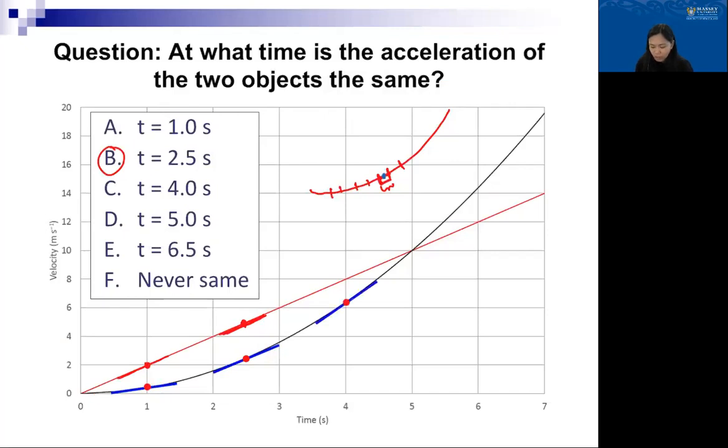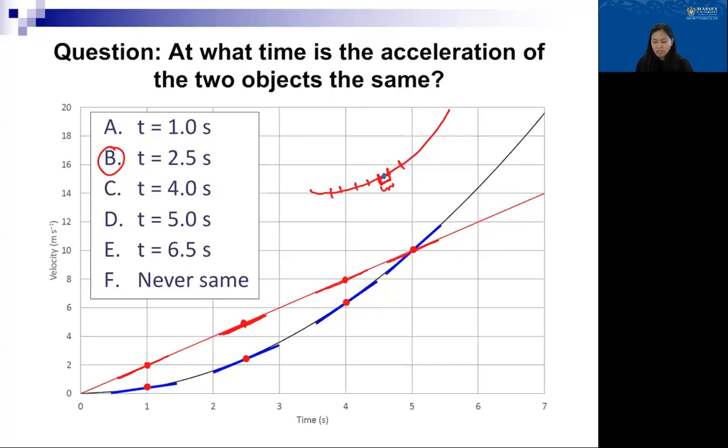So even if you look at 4 seconds and draw the tangent at the black line and the tangent at the red line, you'll see that the slopes here at 4 seconds have very different steepness. That means that they'll have different accelerations. Similarly for 5 seconds. Right, so that's the tangent for the black line, and the tangent for the red line is this.